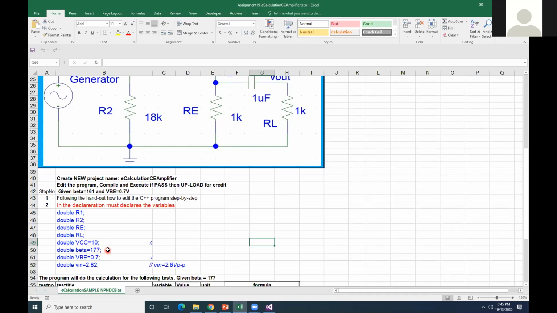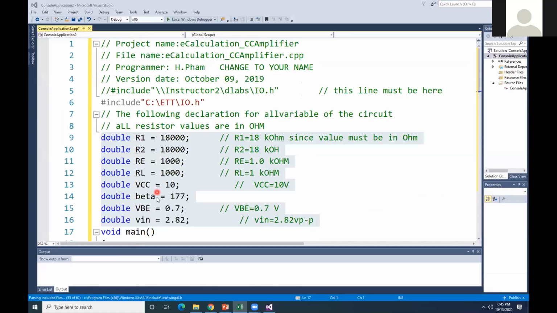Then you can start typing in here. Remember, in the schematic they say 18 kilo ohm. However, you define it must be in ohm. The computer doesn't know K. So that's why 18K, we get a comment here telling you 18K times 1,000 gets 18,000, and so forth.